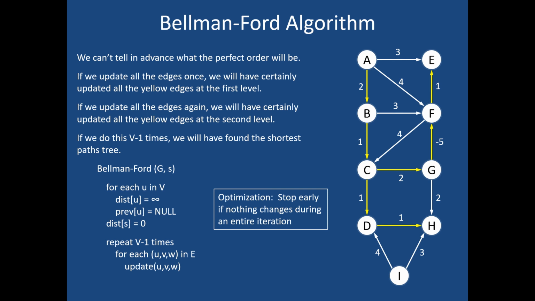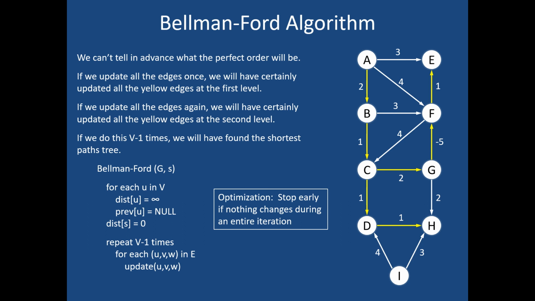If no update changed anything the first time, it's not going to change anything the next time either. So if you use that optimization, which is very cheap, you can stop potentially after 2 repetitions instead of having to do the full V minus 1. So in the worst case, you're going to have to do V minus 1. In the best case, you have to do 2.